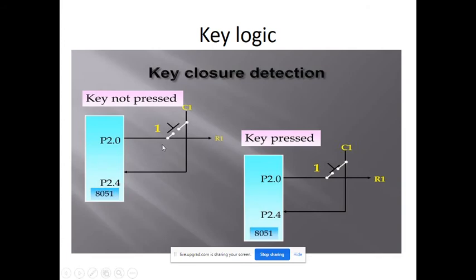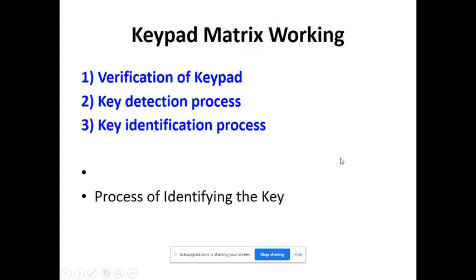This is key detection. Initially all are open. When you press, it becomes short circuited, and whatever 0 there is, it is passed to the column side. Do all of you agree with these 3 steps? Keypad detection, whether the keypad is in working condition or not, is your first part. Second part is whether any key got pressed or not. Suppose all are ones, which indicates that no key got pressed.